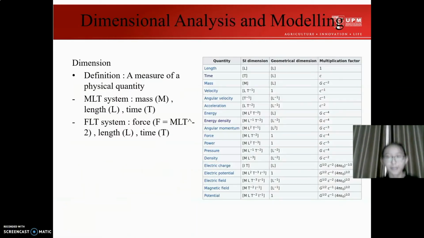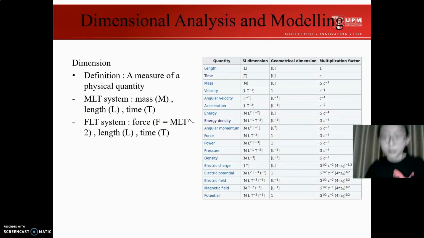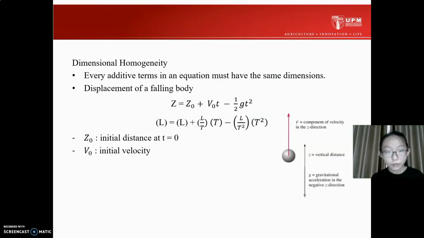So for dimensional analysis and modeling, the definition of dimension is a measure of a physical quantity. In the MLT system, mass is equal to M, length is L, time is equal to T. In the FLT system, force is equal to MLT to the power of negative 2, length is L, time is equal to T. So dimensional homogeneity means every additive term in an equation must have the same dimension.